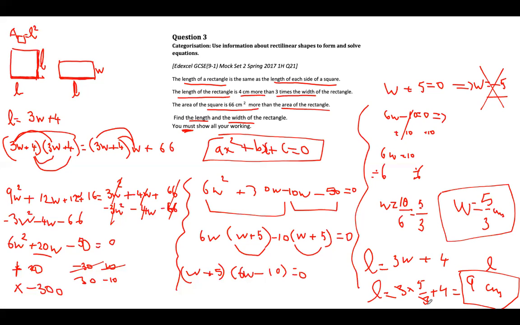Have we answered them all? It says find the length and the width. So we found the length, 9 centimeter. We found the width, 5/3 centimeter. So yes, we have shown all the working out. And this is how you find the solution of this type of question, and this is how you show the working out as well, step by step.